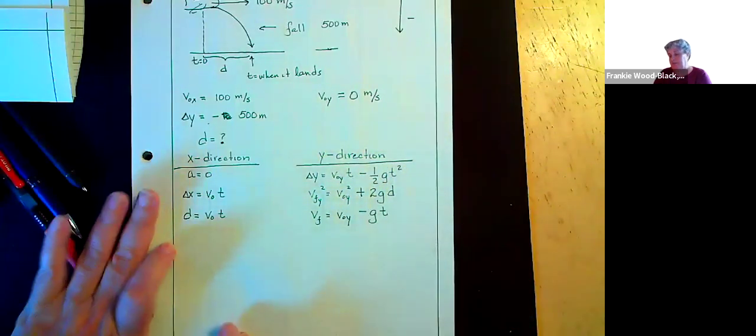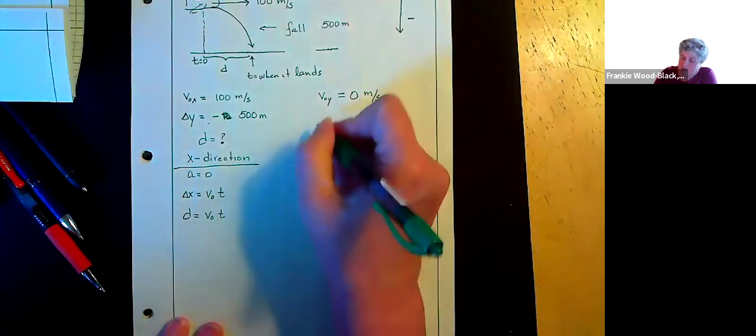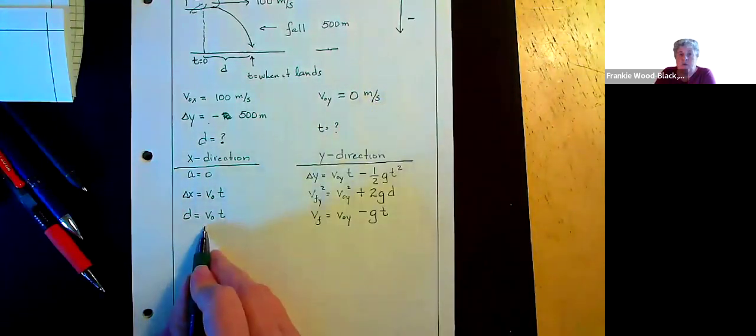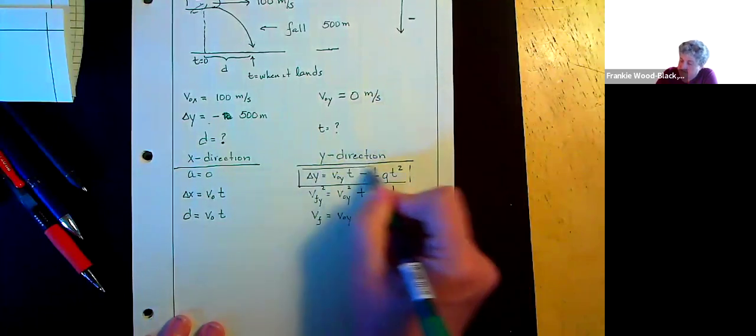So those are my equations in the y direction. Well, I have two unknowns. I don't know time, and I need time in order to solve for this. So since I know I have a change in y, I'm going to use this equation here.